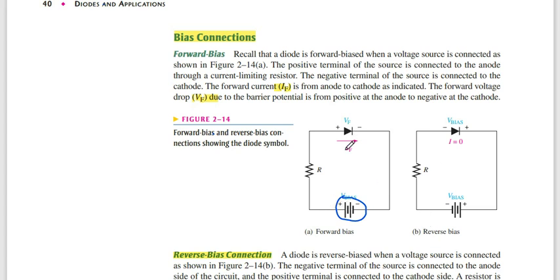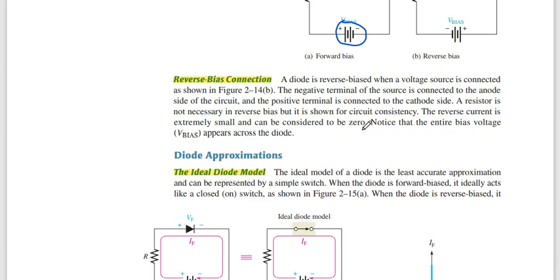So IF flows through this diode, while there I is equal to 0. This represents that IF is the forward current, and I is 0 because the diode is in reverse bias, so no current flows through the circuit.